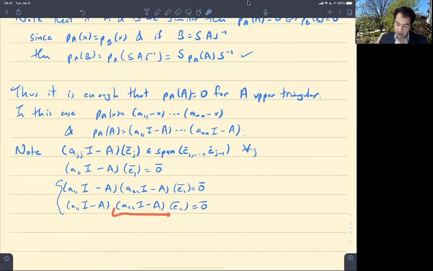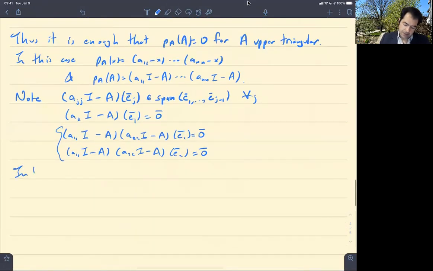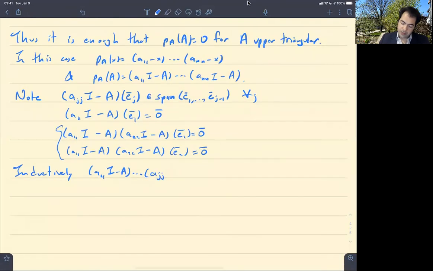So I don't know what it is, but it's some multiple of E1, and this kills all multiples of E1. So this is equal to 0. And inductively, if you do the product up through (AJJ times the identity minus A), then when you evaluate on EK, you get 0 for all k's from 1 through j.